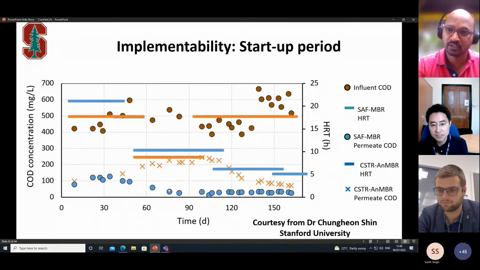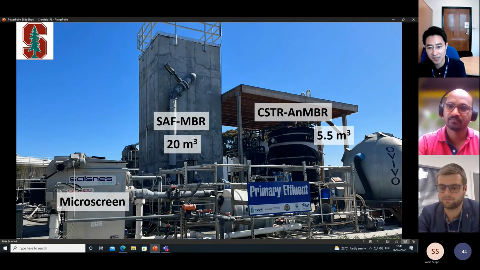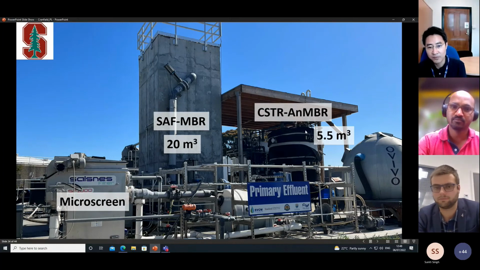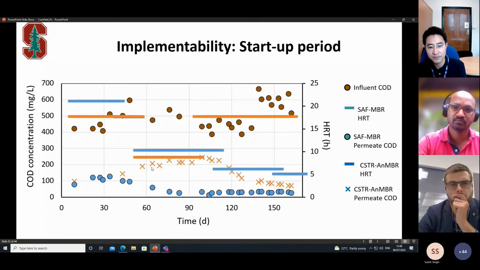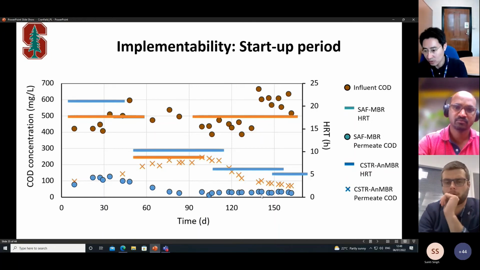Yeah, so this is the one I just mentioned. We have this pilot scale system. There is also a membrane system without GAC, but at smaller scale, and we can do a head-to-head comparison. You can see this one, the cross orange color is the effluent quality. So the GAC one is better. We also have the lab scale as well, and we also found that the one with GAC had the best performance.